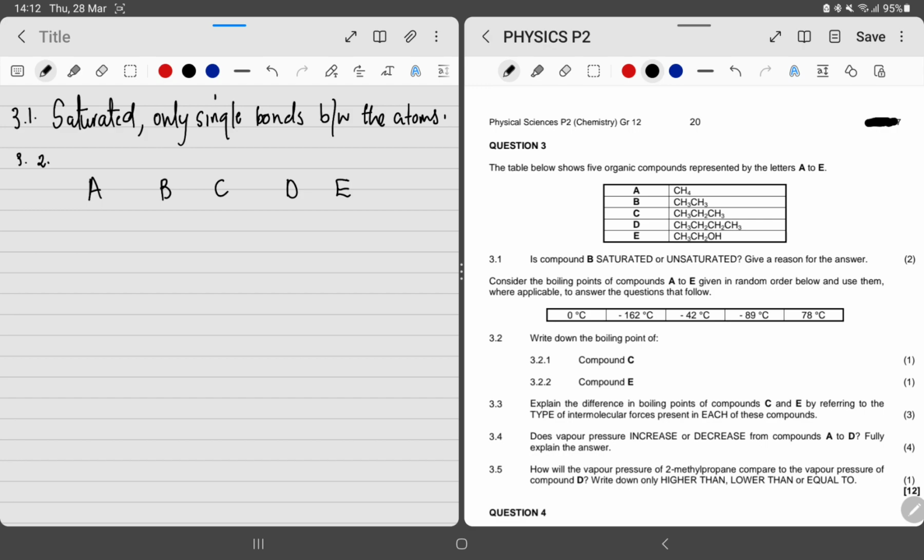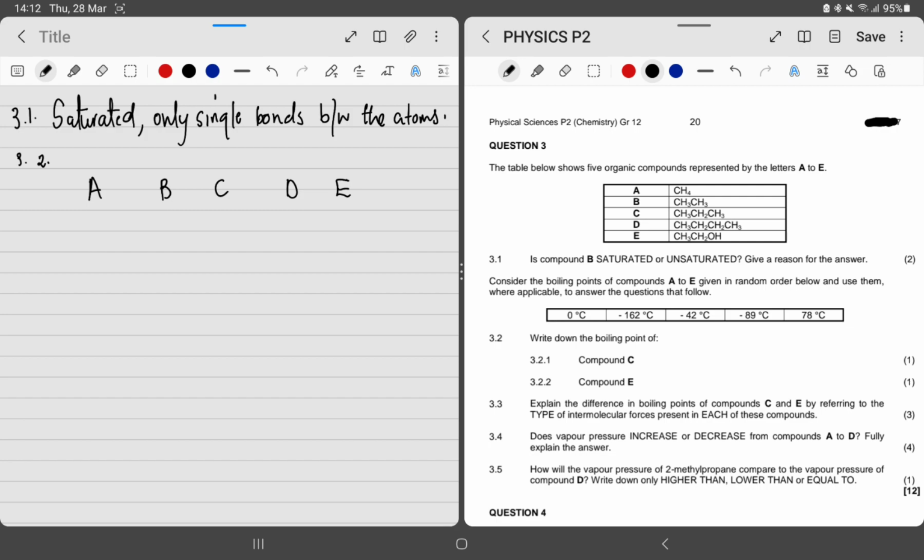From A to D, we have alkanes only. The only thing that is different is the chain length. For A, we only have 1 carbon, for B, 2 carbons, 3, and then 4. So there is an increase in the boiling point of a compound with an increase in the chain length.